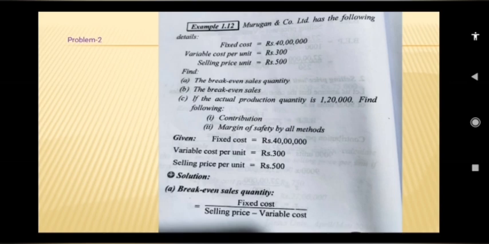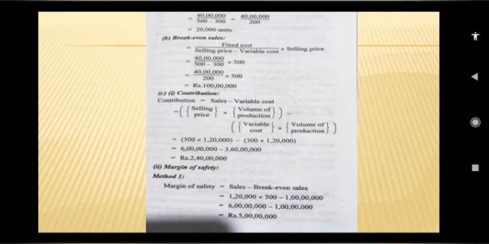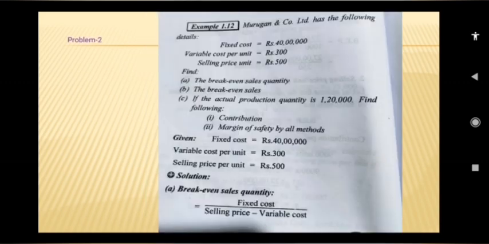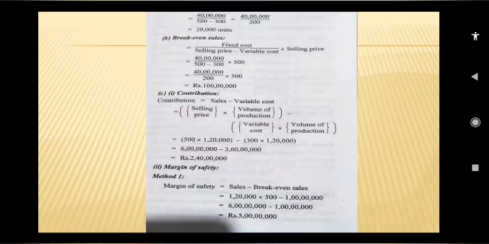Solution. Break even sales quantity is equal to fixed cost divided by selling price minus variable cost. Fixed cost is 40 lakhs divided by selling price minus variable cost, 500 minus 300, is equal to 20,000 units.